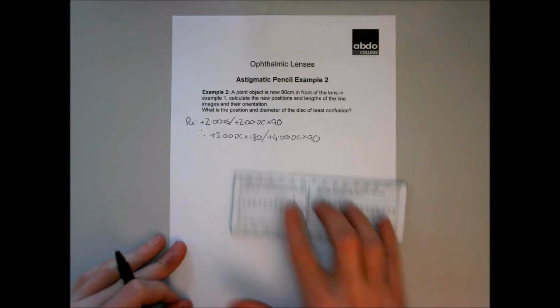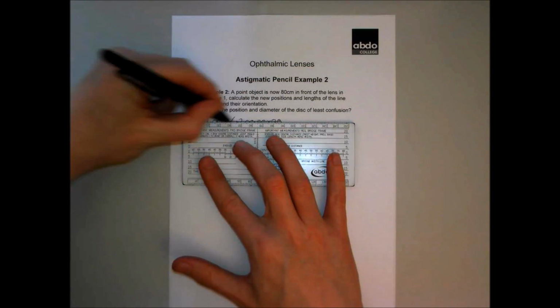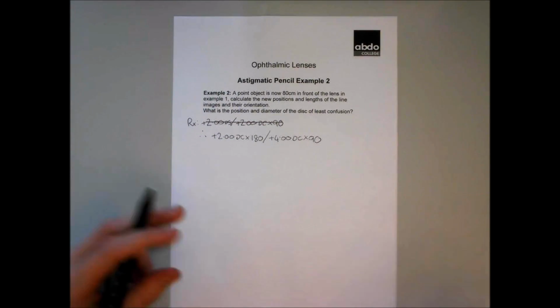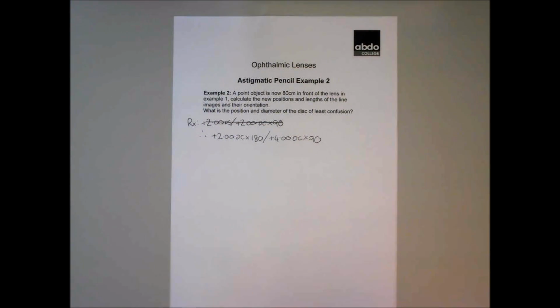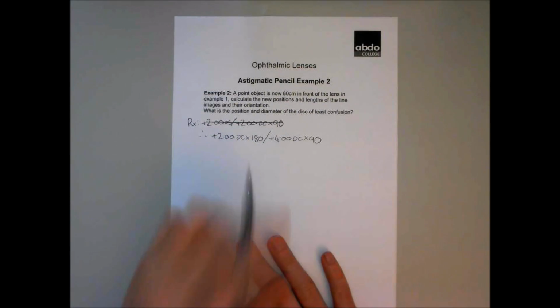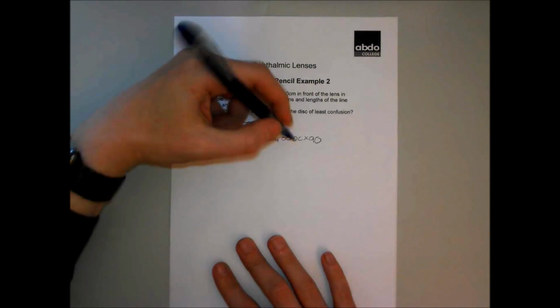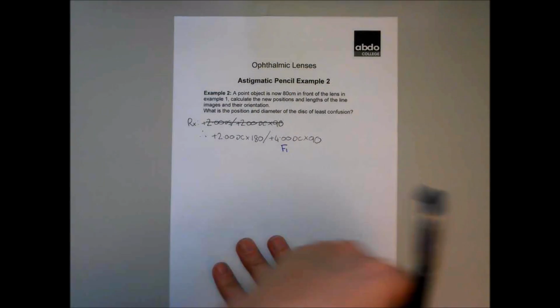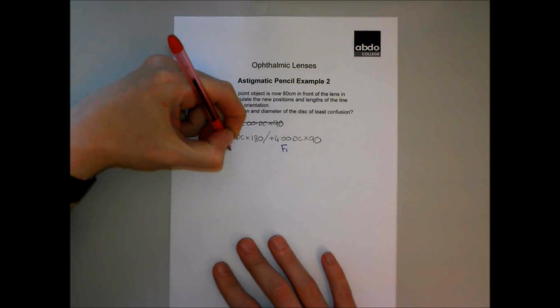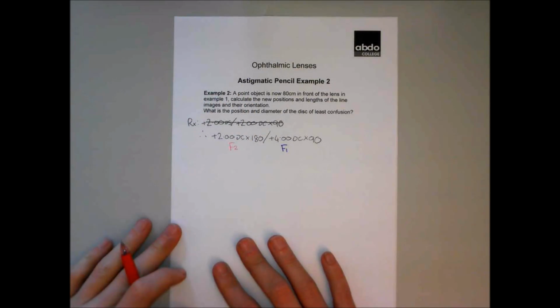Because I don't need that sphero-cyl form, I'm going to cross through it so I don't take numbers out of it by mistake. When we're working with astigmatic pencil, we need to assign F1 and F2 to our powers. And F1 is always going to be the strongest power, and F2 the weakest.